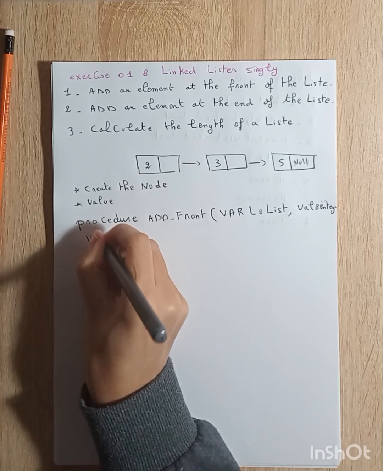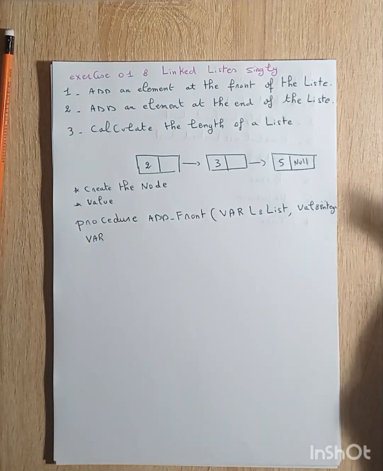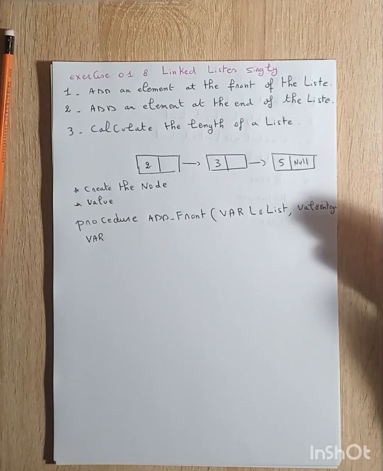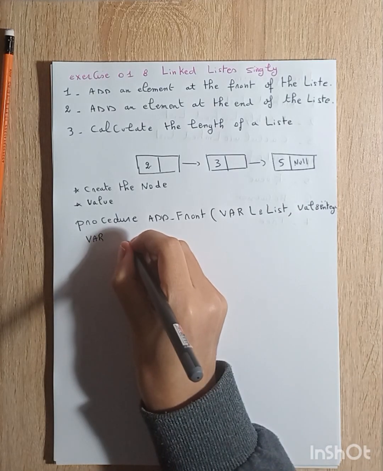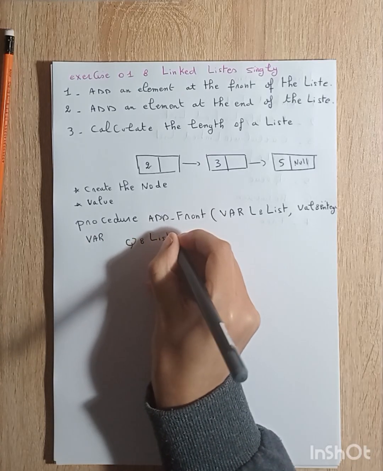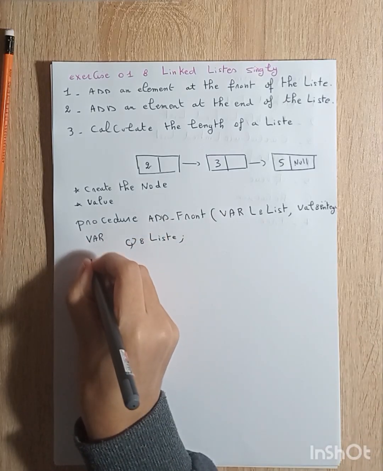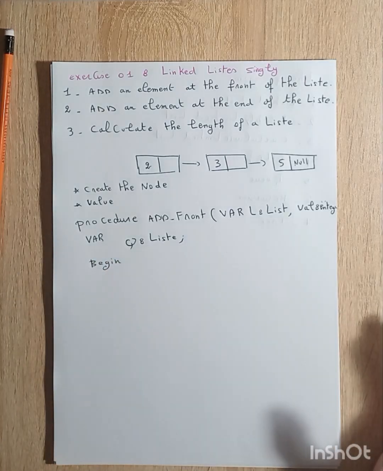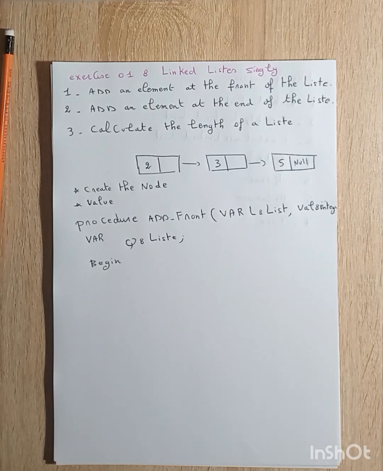Here we have the variable. What did I say? We need a pointer, the node that we will be creating. So I'll say q, a list. Now begin. We said create the node. There is a function that you learned at your university that will make this easier for us.